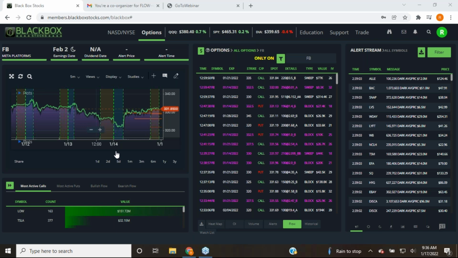If you go back and look at that move down on DDOG, that move down on Nvidia, that move down that we're seeing now on the ape stocks, the GME and the AMC, the move down.